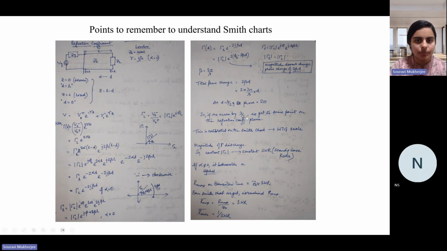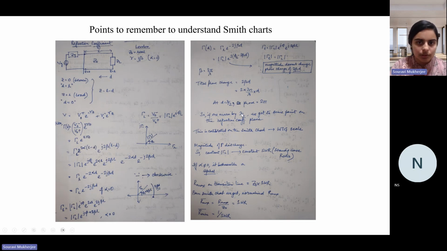So that means that if one moves by lambda by 2, we get the same point on the reflection coefficient plane, right? So what we are basically doing is we are trying to represent the reflection coefficient in a plane. So if you come back by lambda by 2, you would come back to the same point on the reflection coefficient plane.